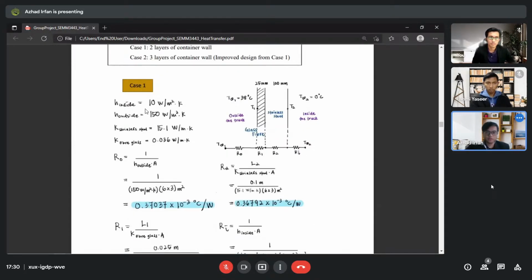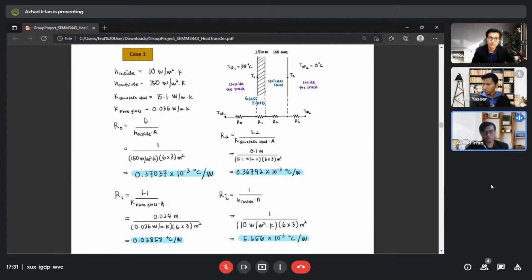For case one, first of all, we have listed all the parameters, and we provide the figure here. This is from the outside of the truck, and T outside is 38 degrees Celsius. This is the glass fiber layer and stainless steel, and this side is the inside of the truck.